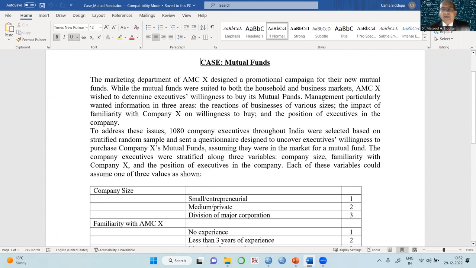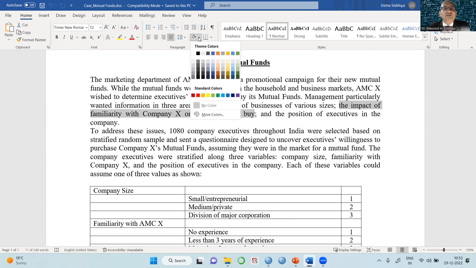Management particularly wanted this information in these cases: the reaction of business houses of various sizes, and the impact of familiarity with X on the willingness to buy. We will be discussing this situation here.